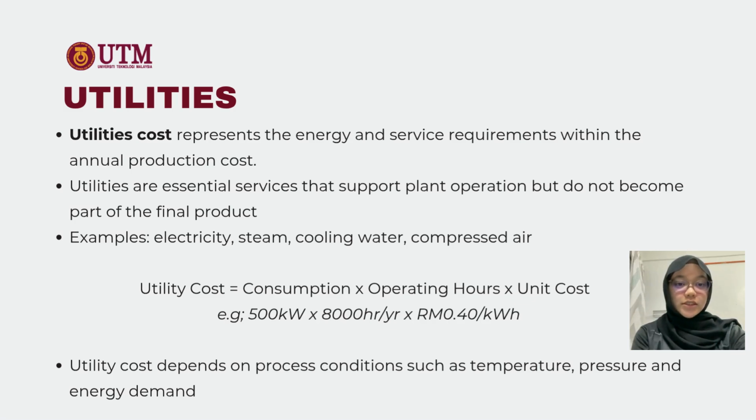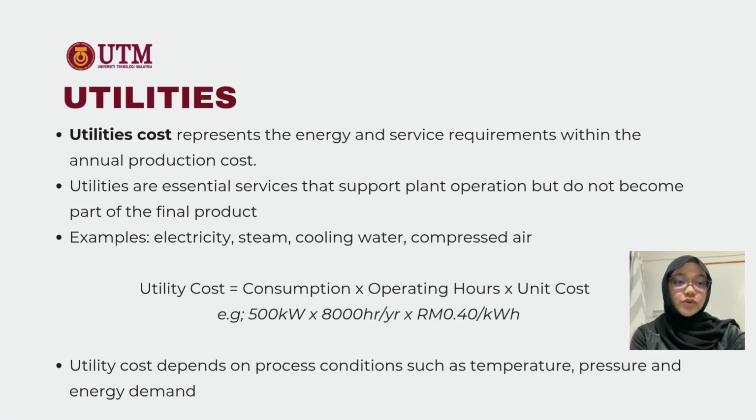Next is utilities. Utilities are essential services that support plant operation but do not become part of the final product. Utilities cost represents the energy and the service requirements within the annual production cost. Examples of utilities are electricity, steam, cooling water, and compressed air.